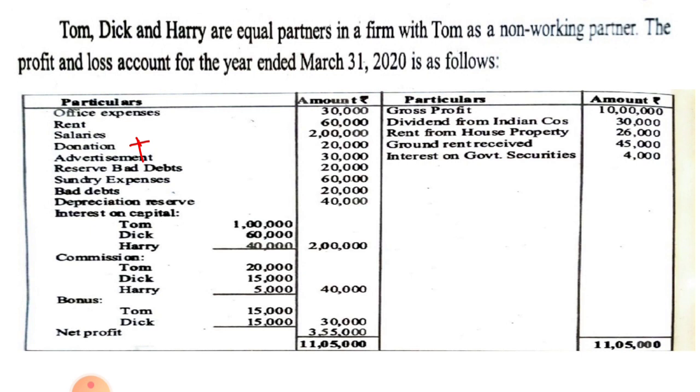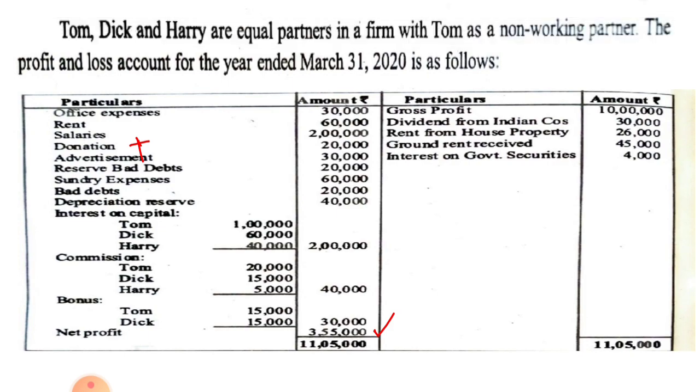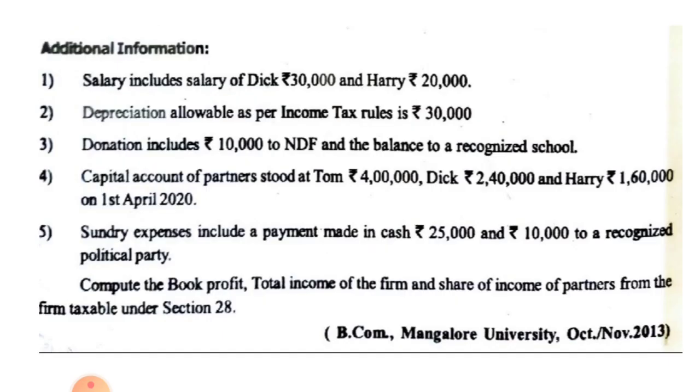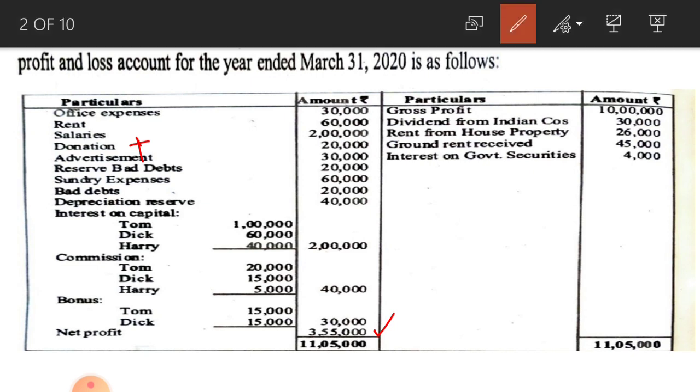Okay, here net profit is given, that is 3,55,000, on the debit side. Next, see additional information. Salary includes salary of Dick 30,000 and Harry rupees 20,000. See here in the profit and loss account there is a salary of 2 lakh.